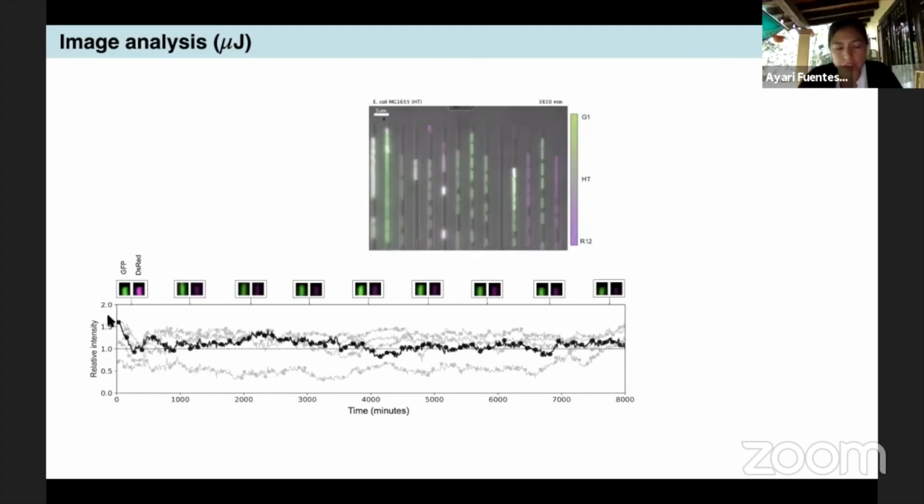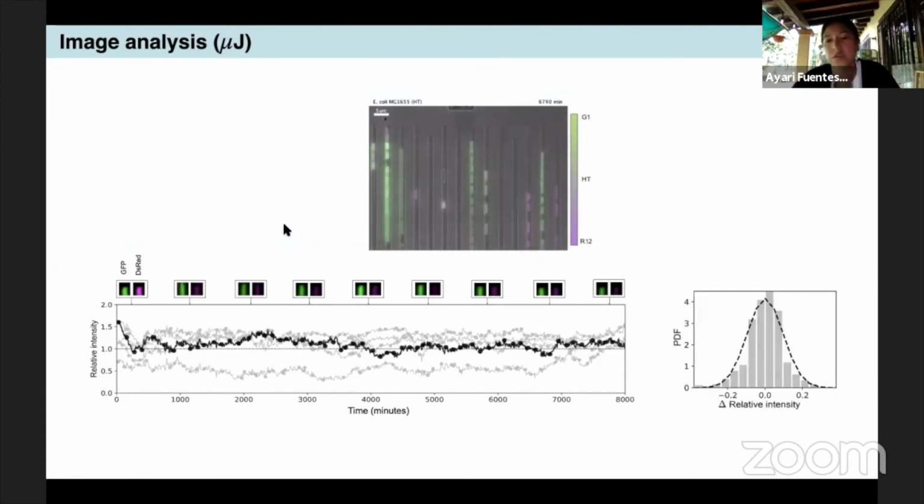As you can see here, sometimes it's a bit more red or a bit more green, but this is quite random in the sense that it's not changing a lot. This is just one cell, and all the other ones that we measured are similar. So it's actually not a preferable pathway through G1 or through R12. We can measure this with the relative intensity, and it is really normally distributed.